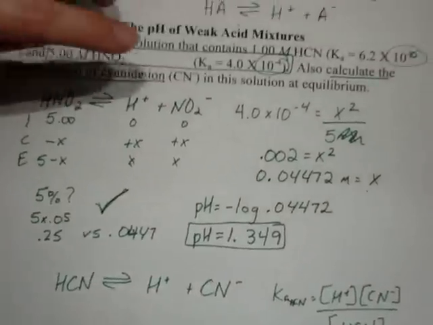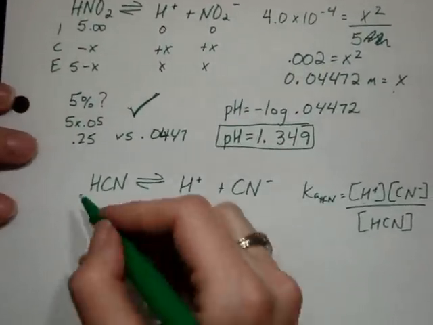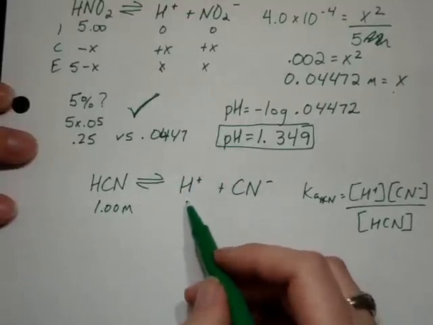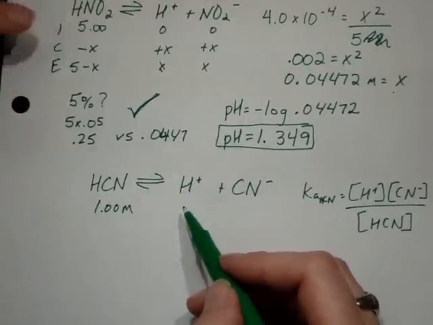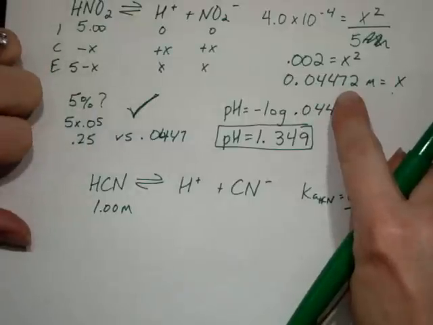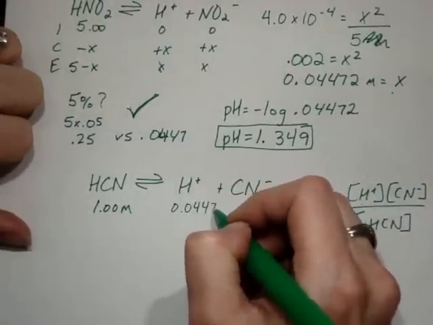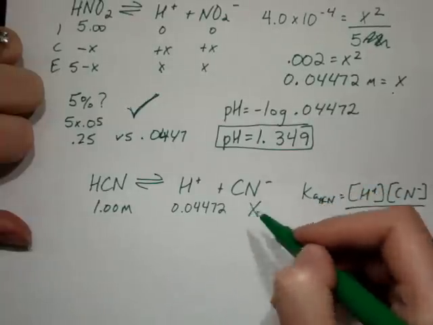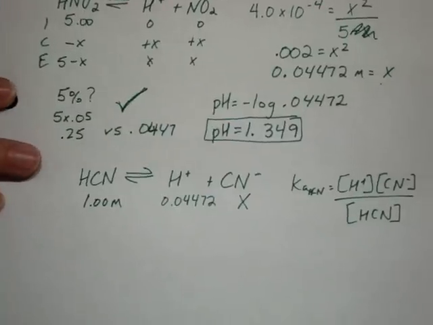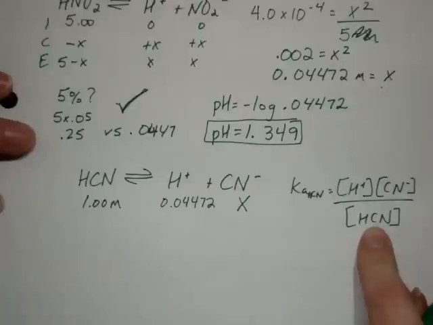So the HCN, go back up to the equation, was 1 molar. So we start off, it's 1.00 molar. The hydrogen was created by the first dissociation. So that's equal to the X value, or to the hydrogen concentration, which is 0.04472. And then we don't know the cyanide concentration. So if we take a look at our expression, we know Ka, we know H, we know HCN.